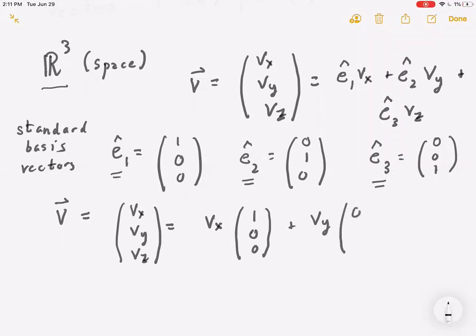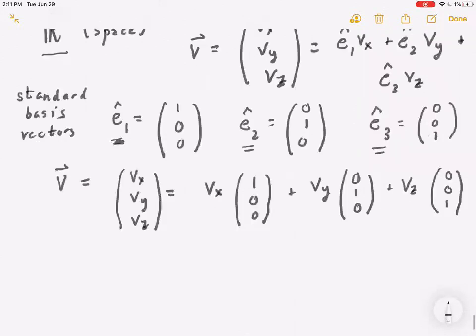I may have been misnaming those guys. It's e sub 1 hat, it's not e sub hat. And then there's the component v sub z times e sub 3 hat. I may have misspoken before. My apologies.